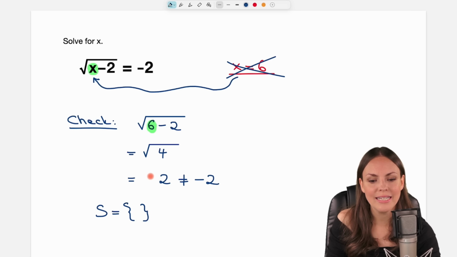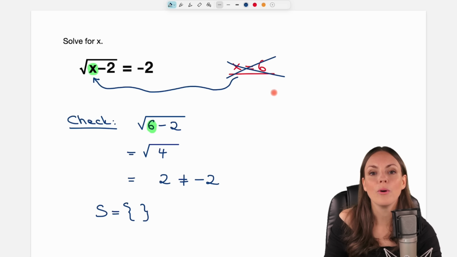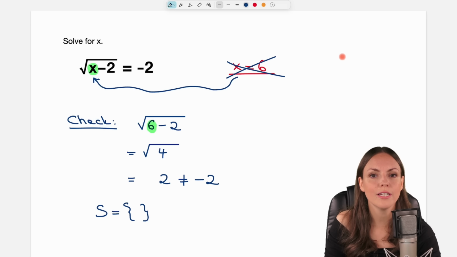But let's go back here to this plus minus thing. Where does this confusion come from? Here, we only want to calculate the square root of 4. But if you want to solve an equation like x squared is equal to 4, which is a completely different problem to this problem here, then you get 2 solutions.